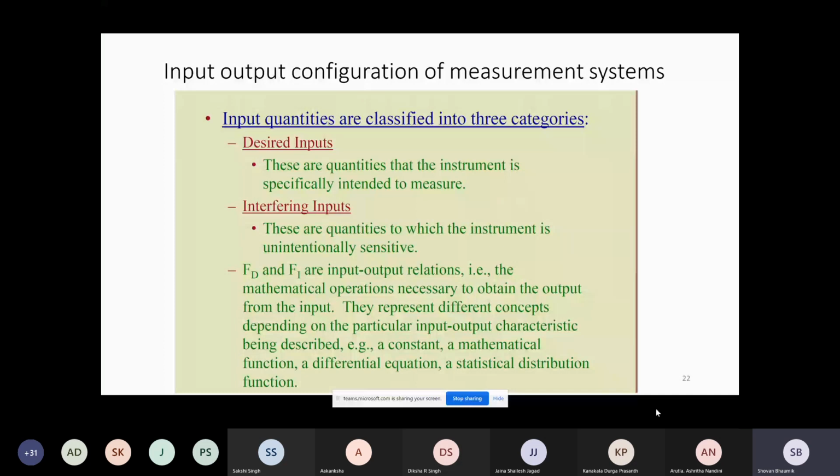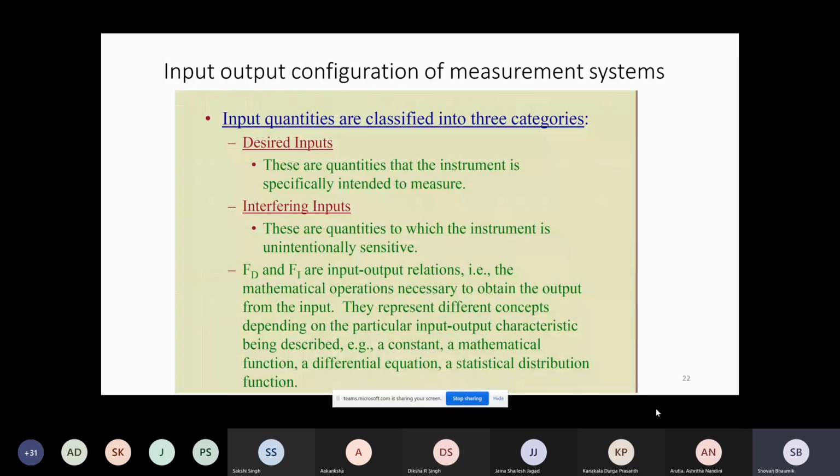That means I built some instrument which is intended to measure some input. I build a thermometer which is intended to measure the temperature of my body. That is the desired input. There are other inputs which are not desired, and those inputs are classified into two categories. First is the interfering input.